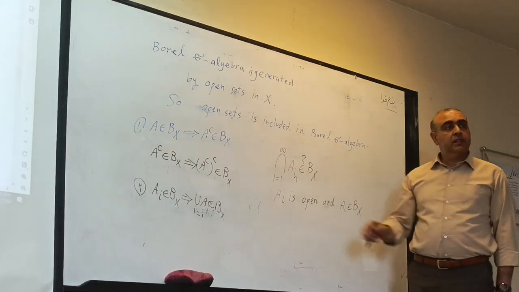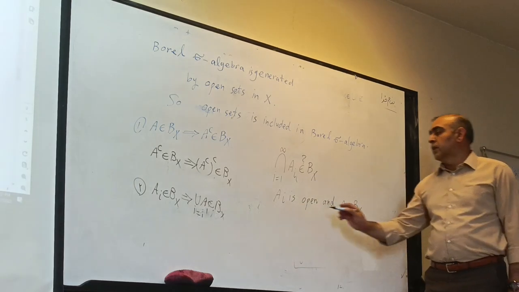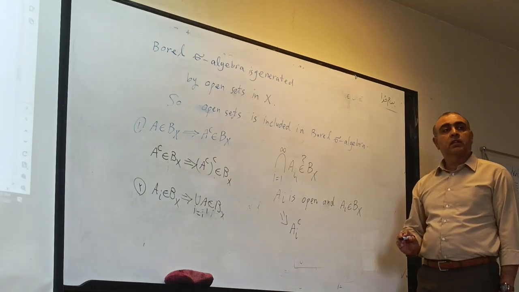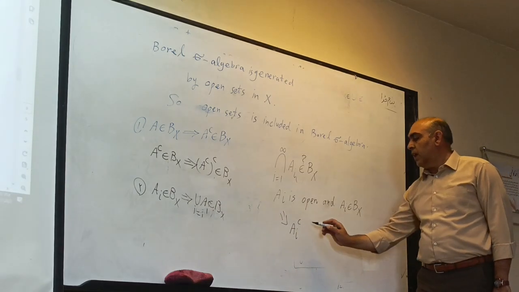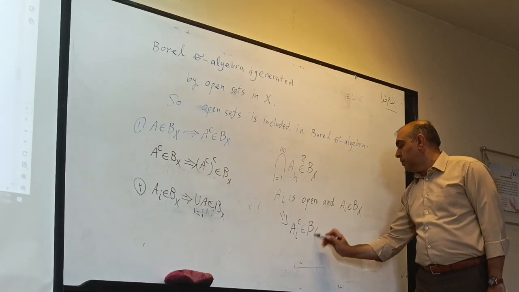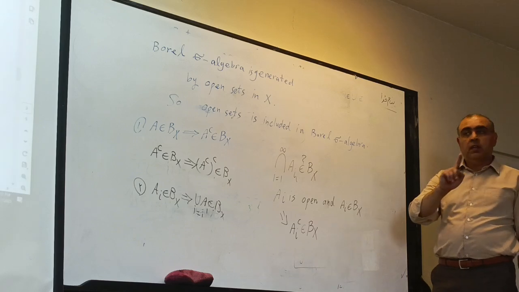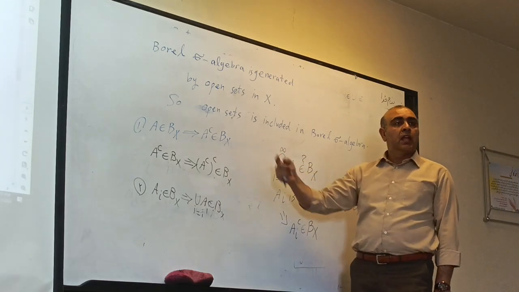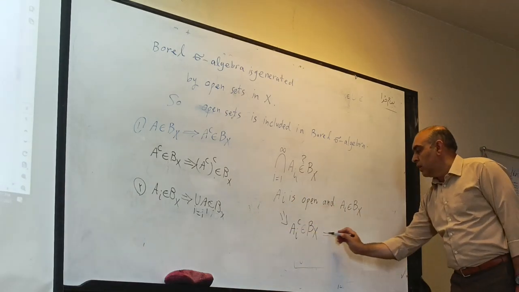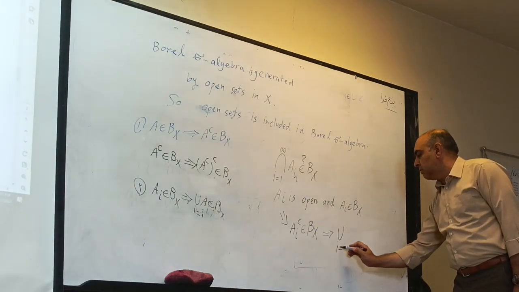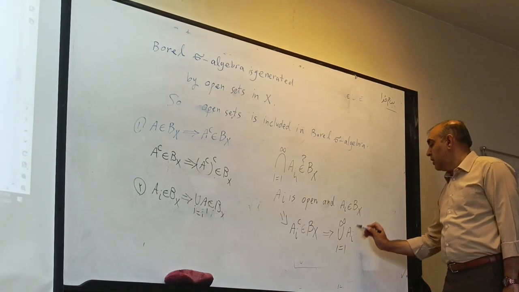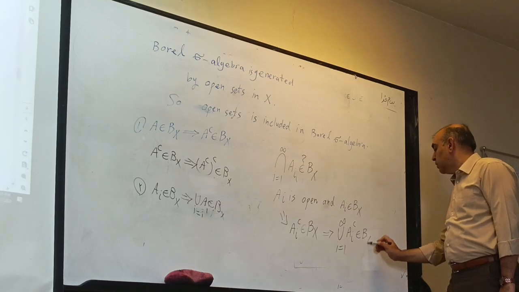Each Ai is open, so Ai complement is closed, and Ai complement also belongs to Bx by condition 1. From condition 2, the union of the Ai complements also belongs to Bx.